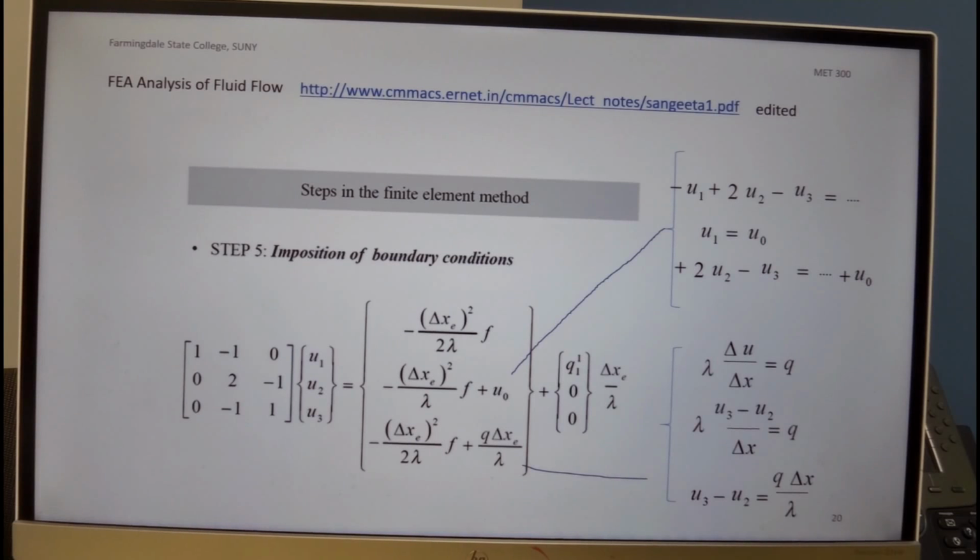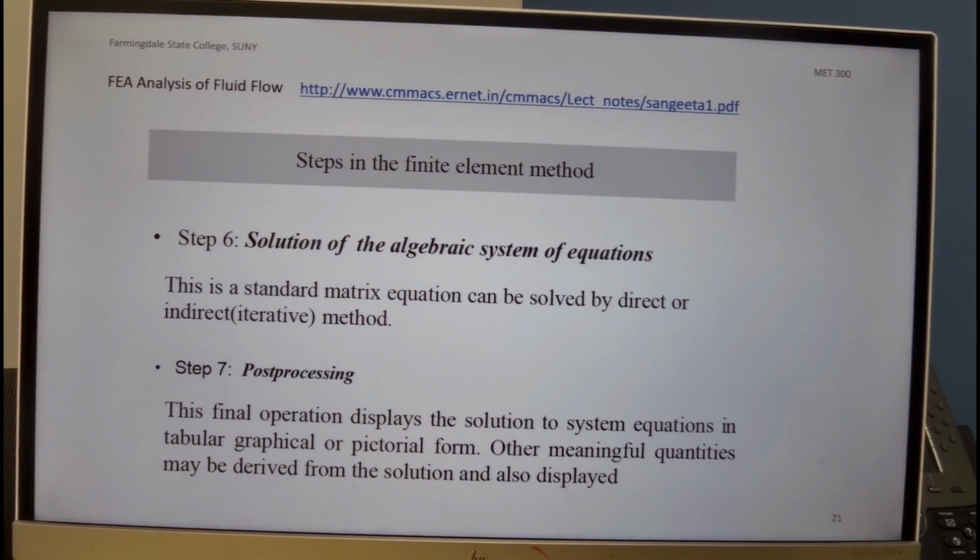It can further be simplified, and over here I added the expression that shows where these terms are coming from, and this is the final form that we can use for the solution.